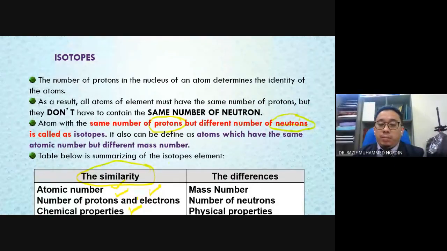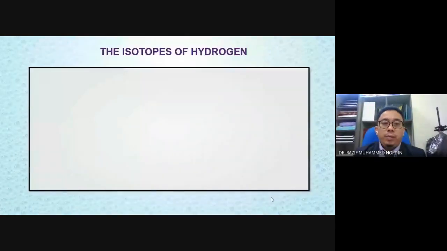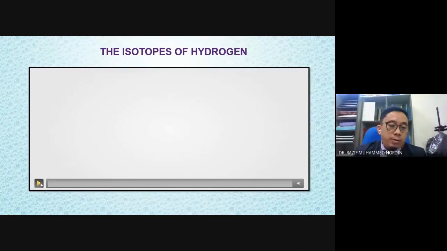The difference is the mass number, neutrons, and physical properties. Hydrogen is a very famous element.